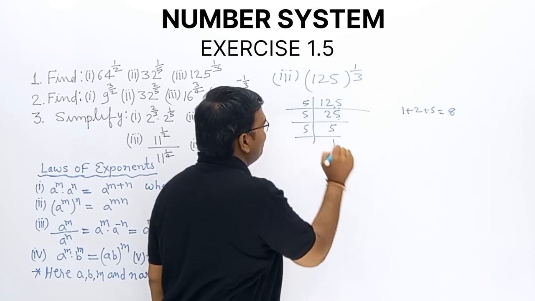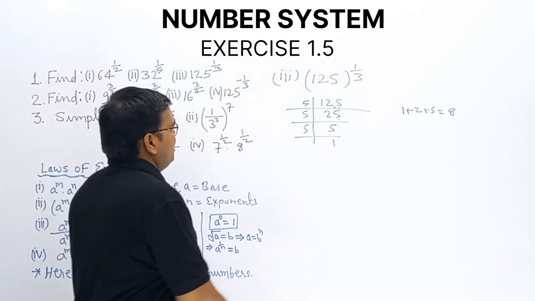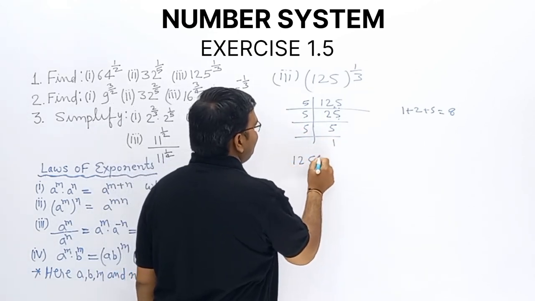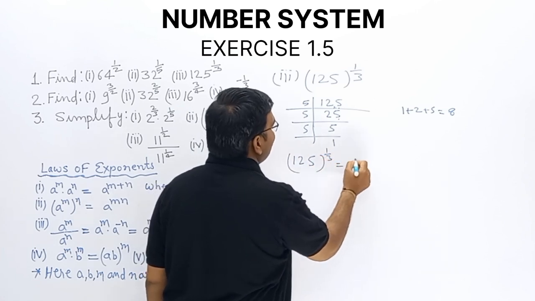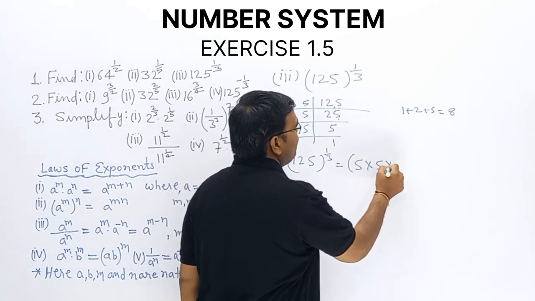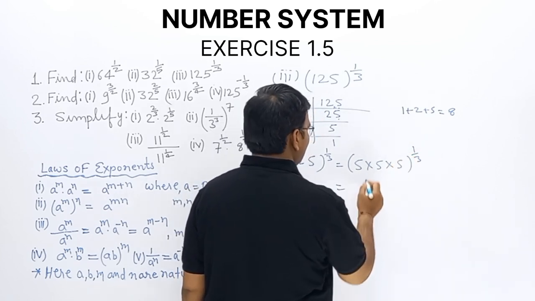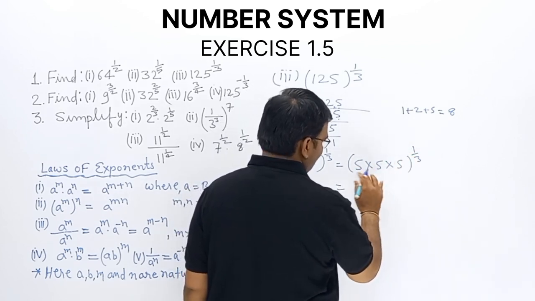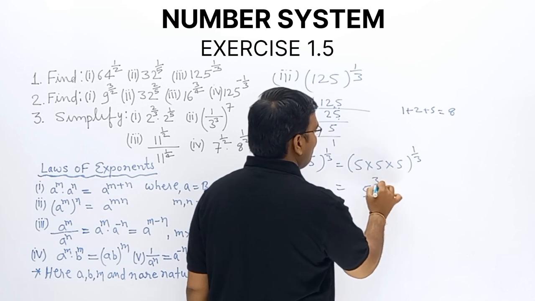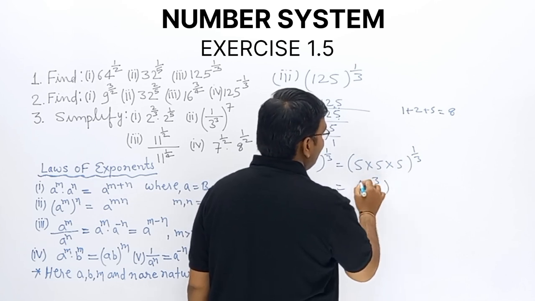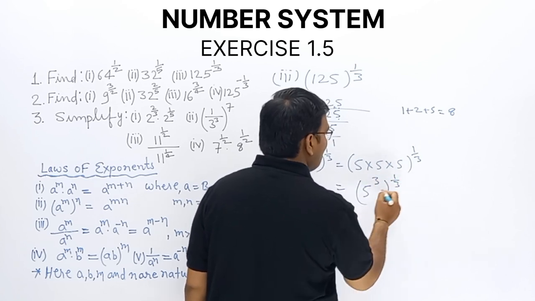Again 5. How many times? 1 time. Now write this like this: 125 whole power 1 by 3 can be written as 5 into 5 into 5, whole power 1 by 3. So 5 into 5 into 5 is 5 power 3 and whole power 1 by 3.